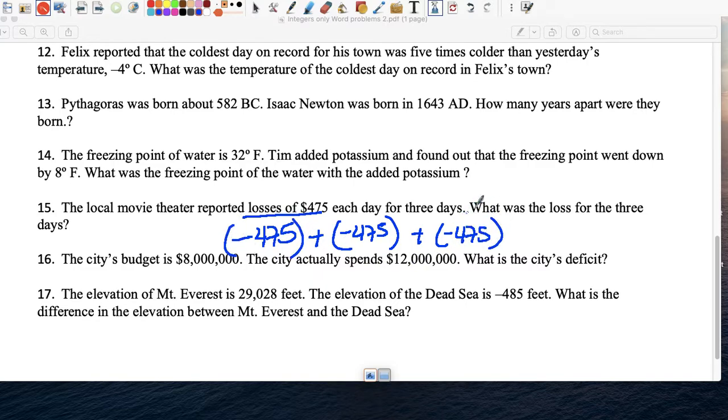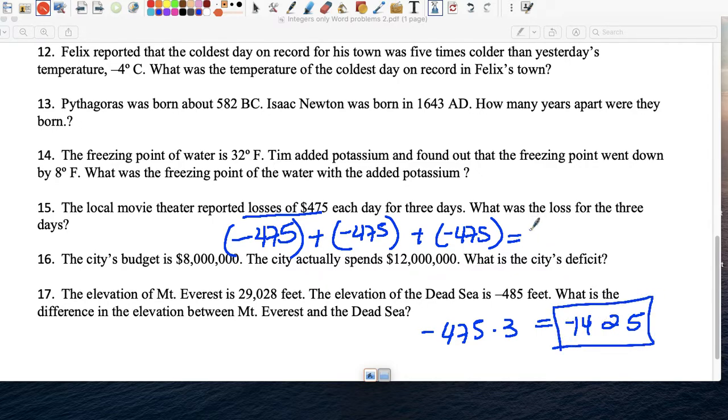How much further down on the left side of 0 am I? I'm taking 475 steps to the left for 3 consecutive days. Or in this case, you could have done negative 475 times 3. That's negative 1,425 after 3 days. That's how much of a loss the movie theater has.